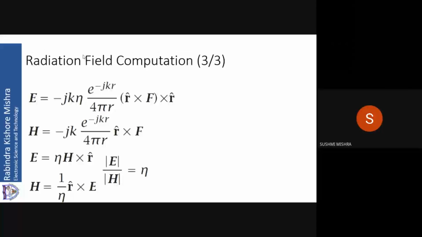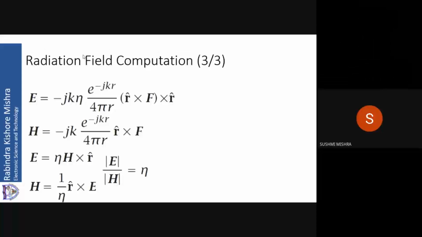Then we have seen from this expression E is equal to eta H cross r cap, H is equal to 1 upon eta r cap cross E, or the above equation, E is equal to, forget the scalar part, r cap cross F cross r cap, H is equal to r cap cross F. Now H is equal to r cap cross F. What does that indicate? H is perpendicular to r cap and F. E is equal to r cap cross F cross r cap.